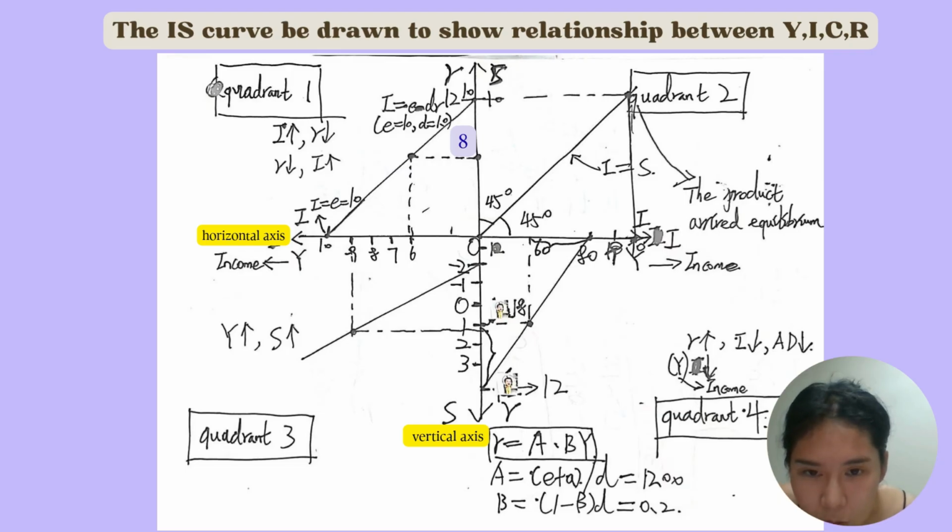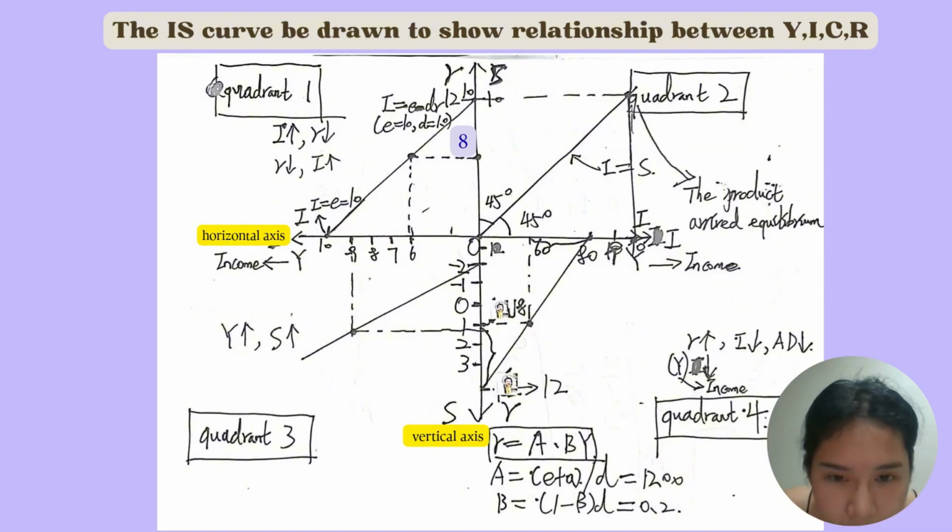But look at this point, when the horizontal axis arrives at 9, the vertical axis arrives at 1. It means that from negative 2 to 1 our saving increases, and our income will also increase. It means that first we must increase our income so that we can increase our saving.